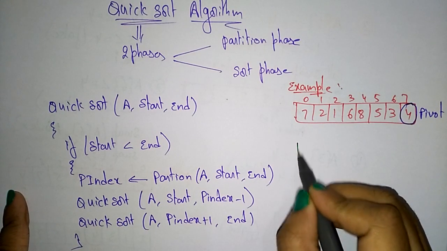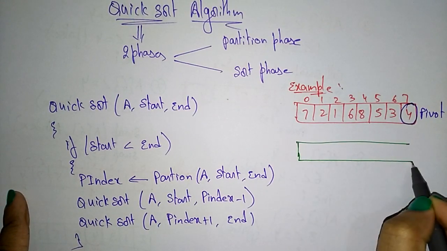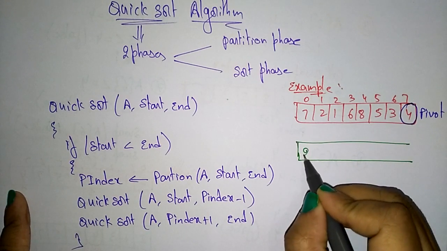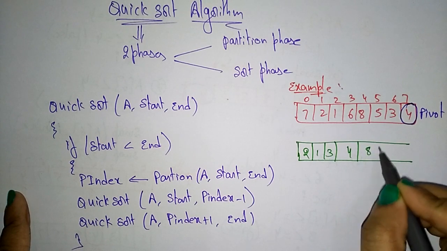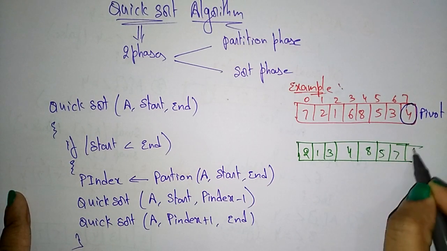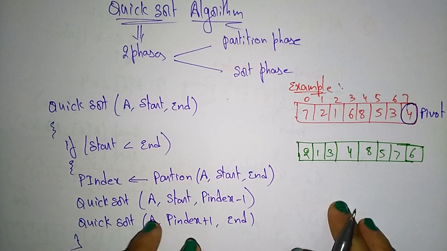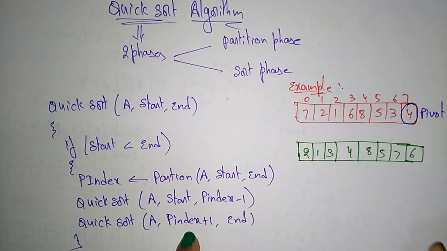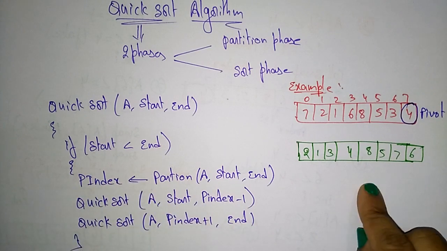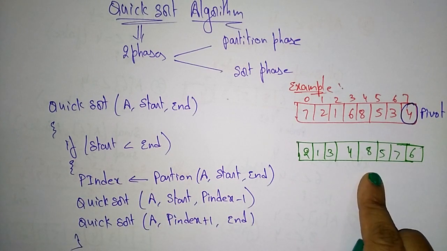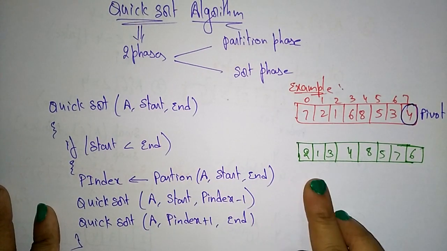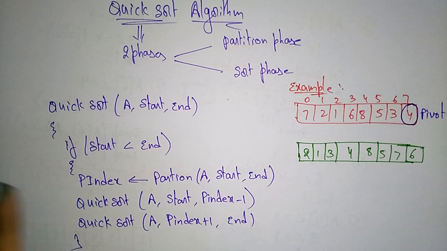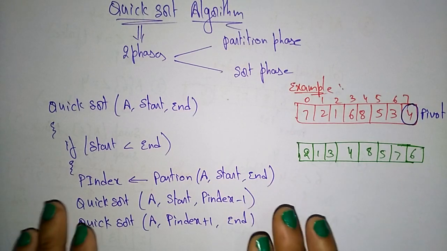So the array after partition is 2 1 3 4 8 5 7 6. So this is the array which we get after partition. Now we have to sort this array by using the quicksort algorithm. By using this algorithm we have to arrange the elements in ascending order. Okay, this is the sort phase.